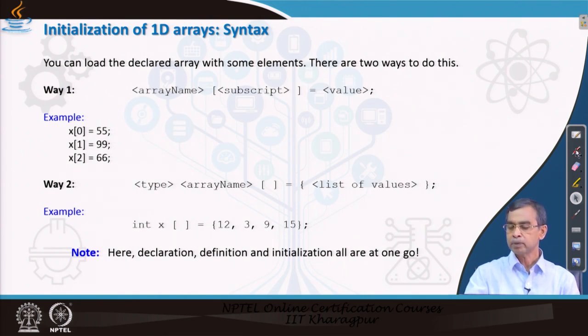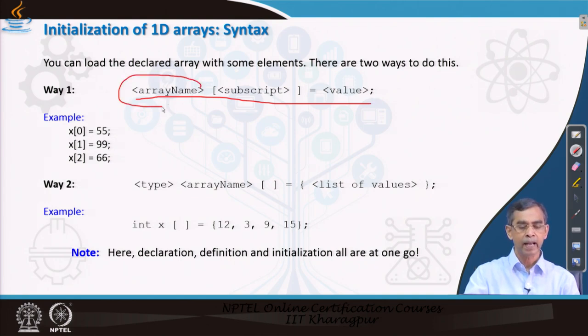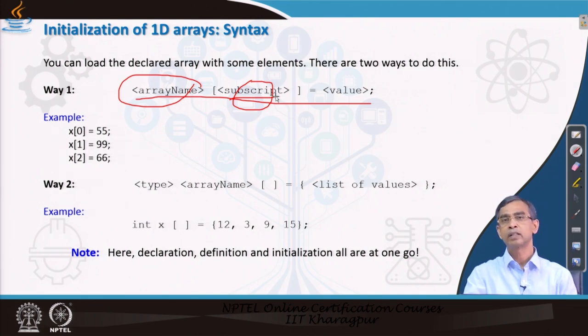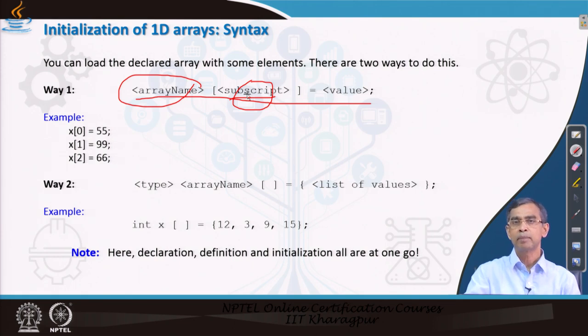The simplest initialization is basically fixing the array elements and the value in it. Here, if we say the name of the array and then within the square brackets an integer value, it should always be an integer, it is called the subscript of the array, the index of the array. This subscript should vary from 0 to the maximum size minus 1.